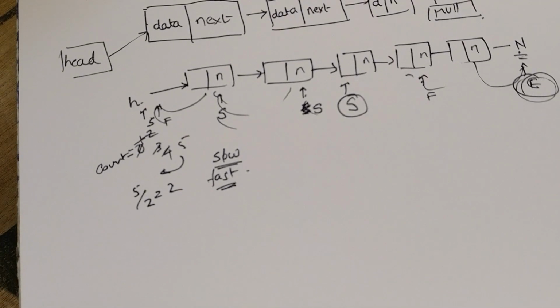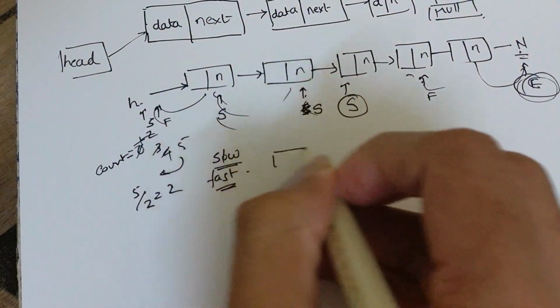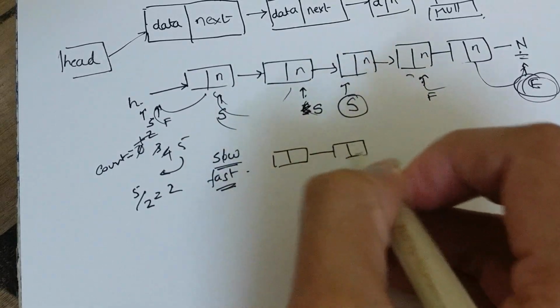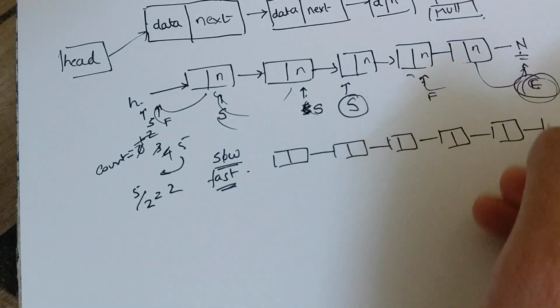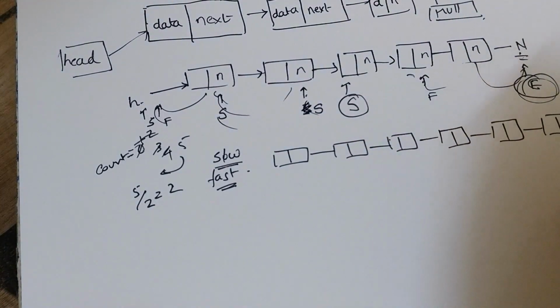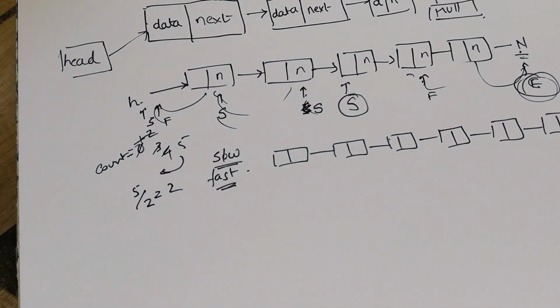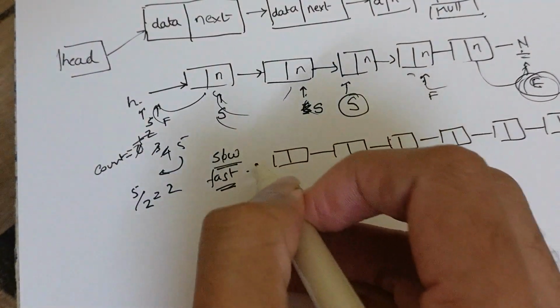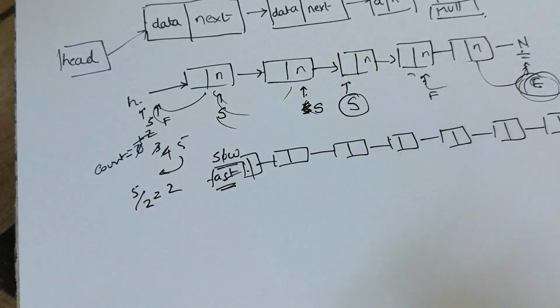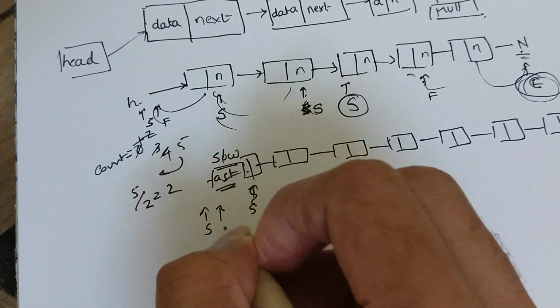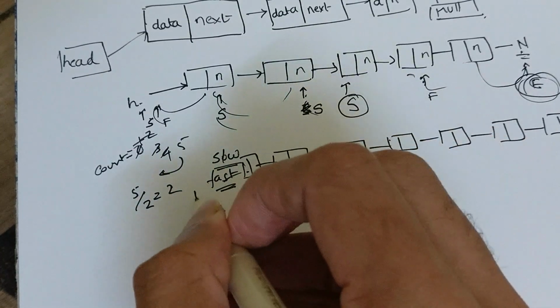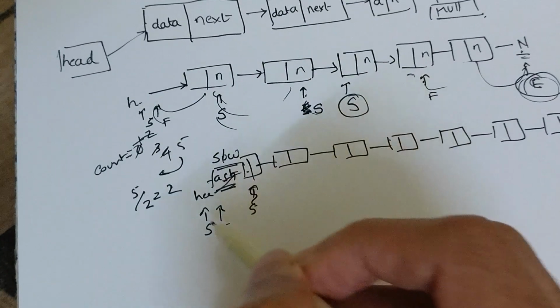What if I give a very big list and ask you to divide it into one third parts? I can have slow and fast both at the head.